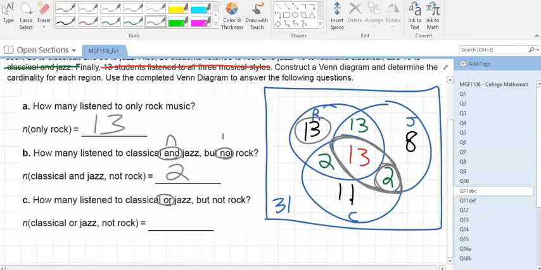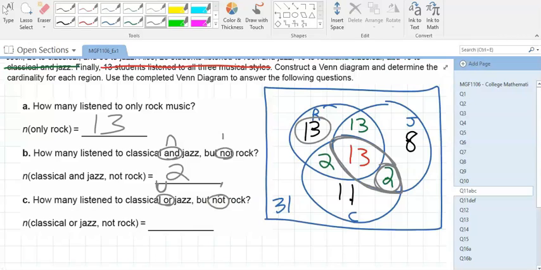The next guy, again, like I said, this looks the same, but it's not. It's a slight change. So what do we mean by those that listen to classical or jazz? That's a union. So again, we're going to look at the union of those, but not rock means we're going to throw out the rock again, the complement.